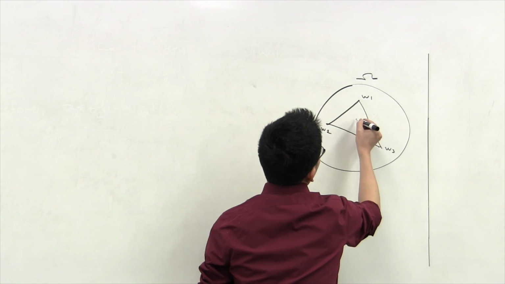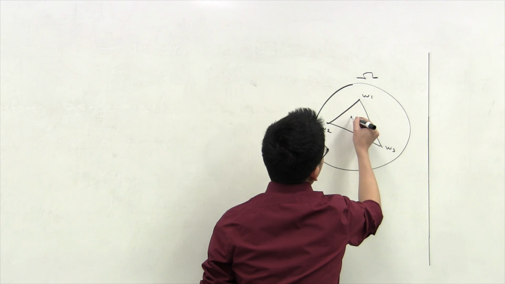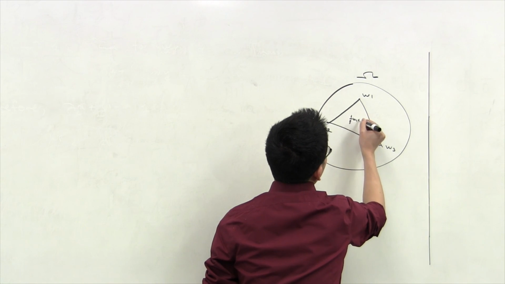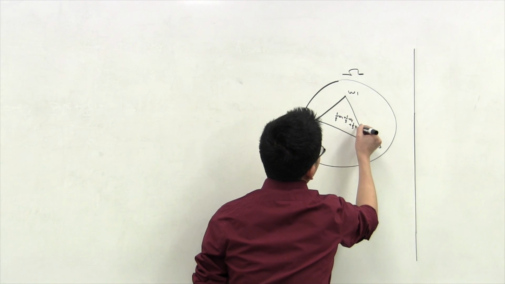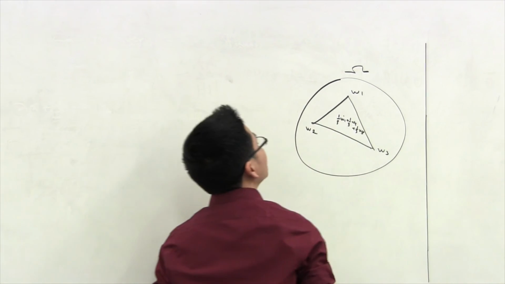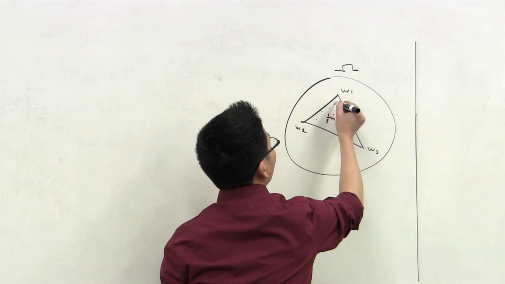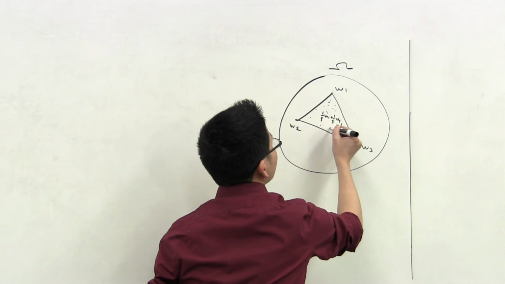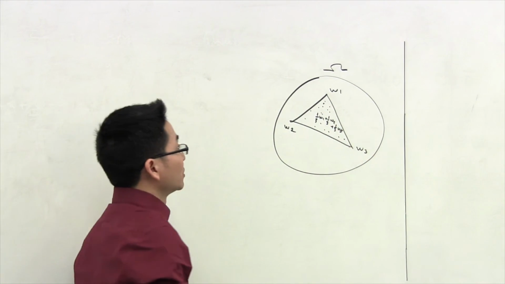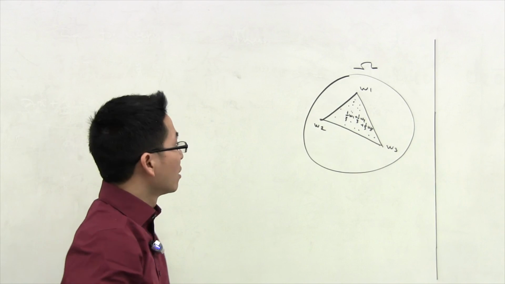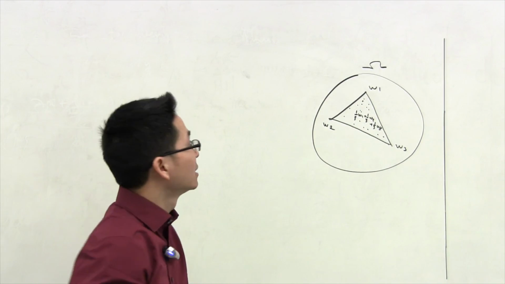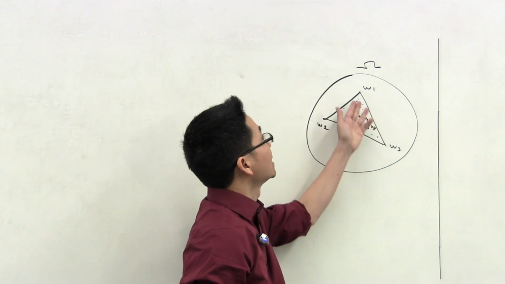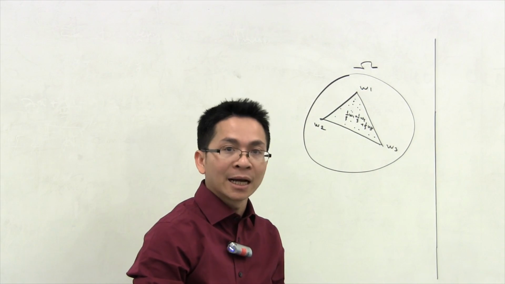For example, this is 1/3 W1, and in fact all convex combinations of W1, W2 and W3 form this triangle. And as we can see from this figure, this triangle is a subset of omega.